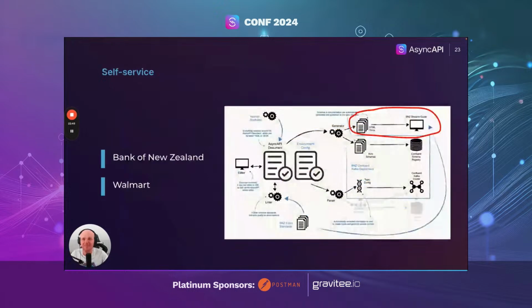Let's go further. So self-service, or as I like to call it, burn those damn Jira tickets. So yeah, let it sink in. Just looking at the Bank of New Zealand example, that's a slide from the presentation that Bank of New Zealand gave at Kafka Summit. So basically, don't stop at only managing your infrastructure with AsyncAPI.